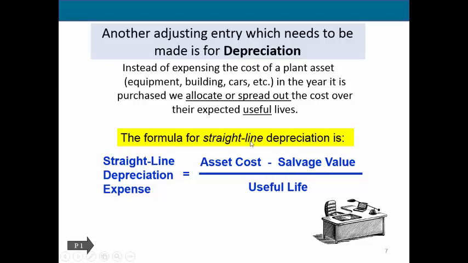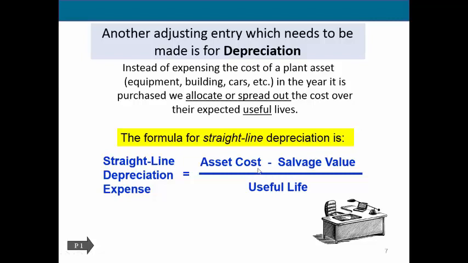You can see here we can also include a salvage value. So that means if we can sell that piece of equipment or furniture for some type of salvage value at the end of its life, we'll take that portion out of the asset cost. So let's say again our asset cost $100, and let's say it has a $50 salvage value.